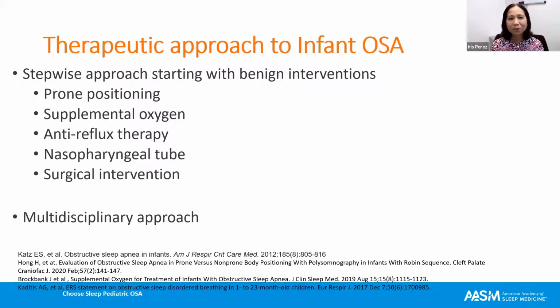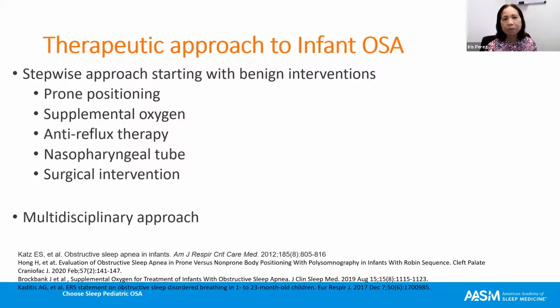So how are we going to approach infants with the diagnosis of OSA? It is recommended that the approach should be in a stepwise fashion, starting with the most benign intervention, and it should be multidisciplinary.